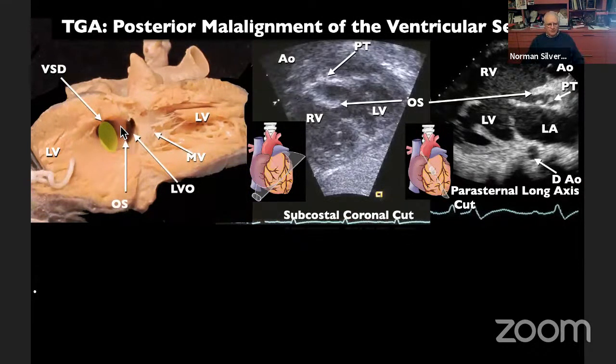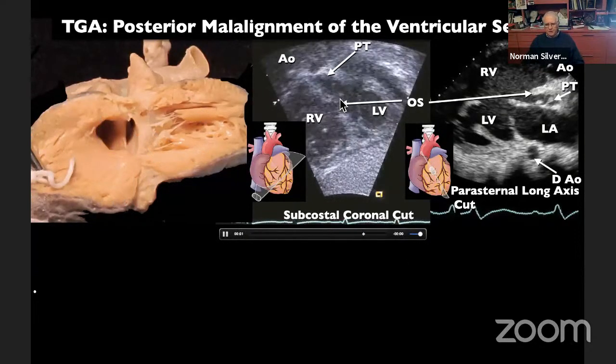When the outlet septum is malaligned, it narrows the left ventricular outflow tract and increases the size of the ventricular septal defect. This heart has been opened in clamshell fashion, and this here is the septal surface, and here is the parietal wall with the mitral valve attached to it. And you can see the outlet septum has deviated posteriorly across this defect.